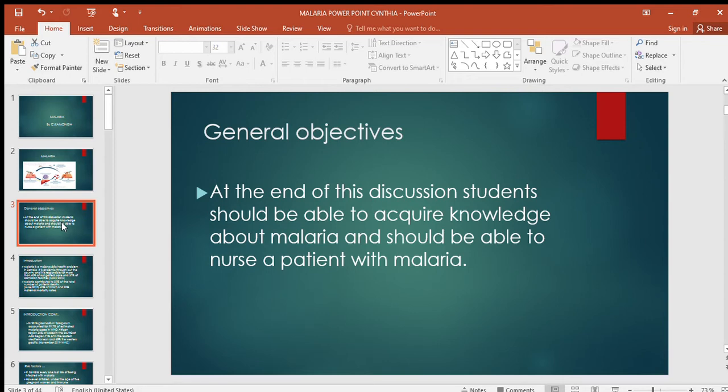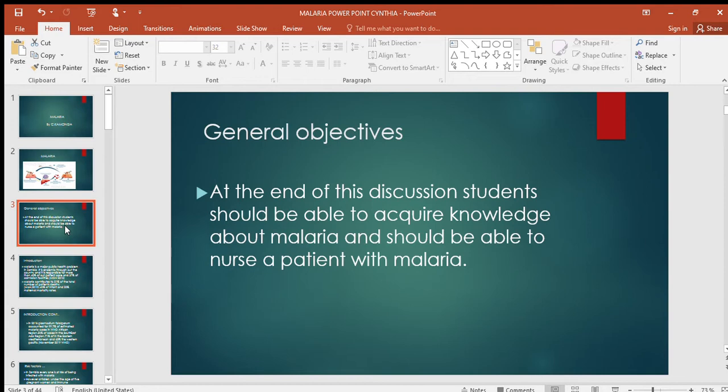define what malaria is and state the causes of malaria. You should be able to know the species that cause malaria and how it is transmitted. You should also be able to describe the life cycle of a malaria parasite, explain the pathophysiology of malaria, and state the signs and symptoms of malaria.